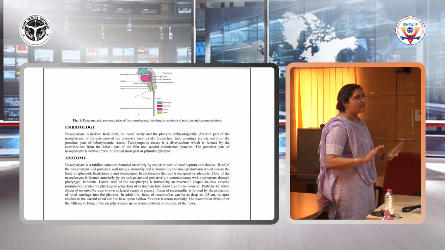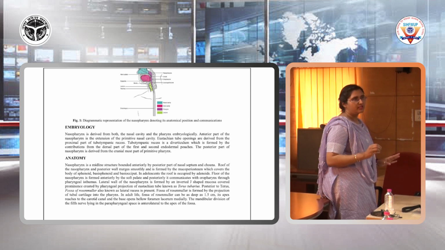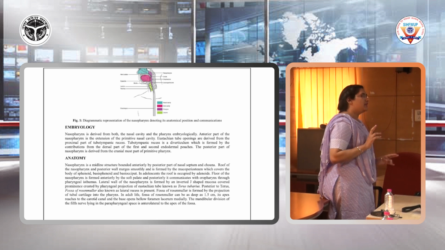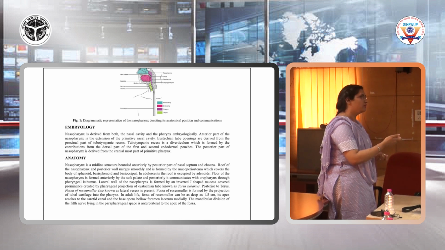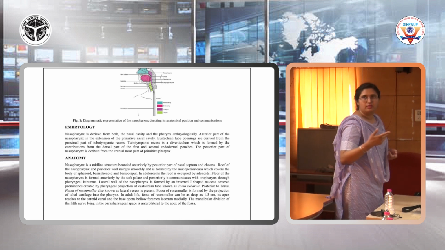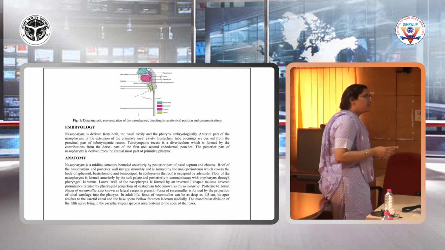In the embryology part, there is no exact theory, and nobody exactly knows from which part it is derived. But there are two concepts. The first is the torus tubarius, which if I'm not wrong, comes from the tubotympanic recess.